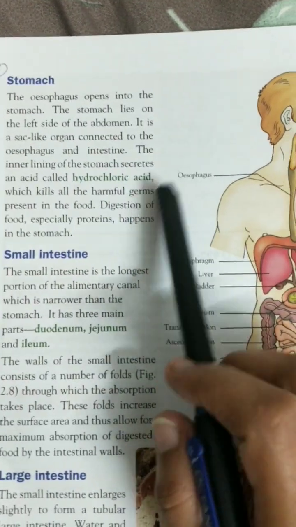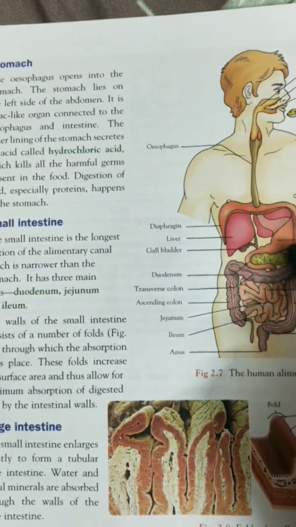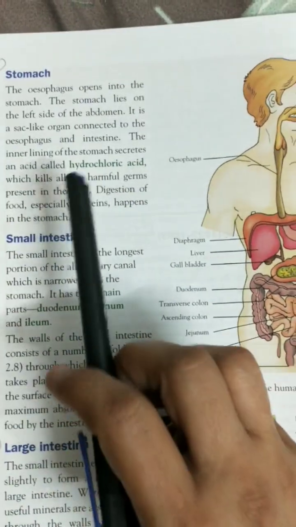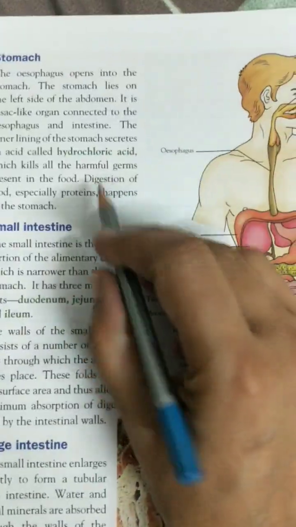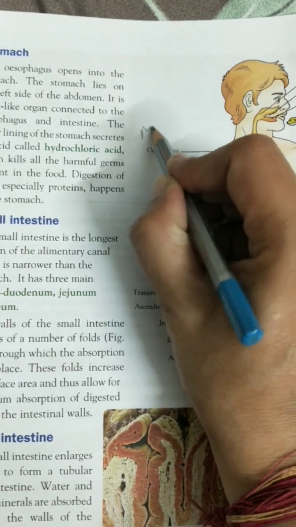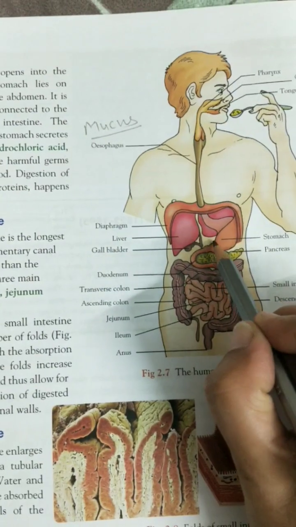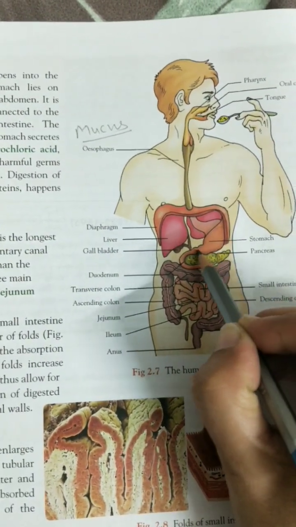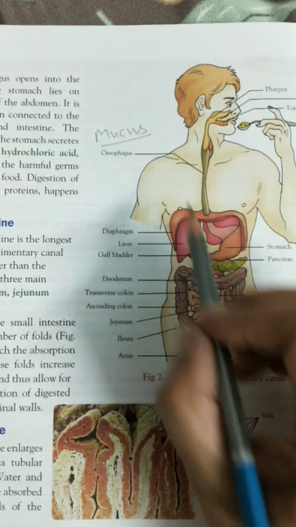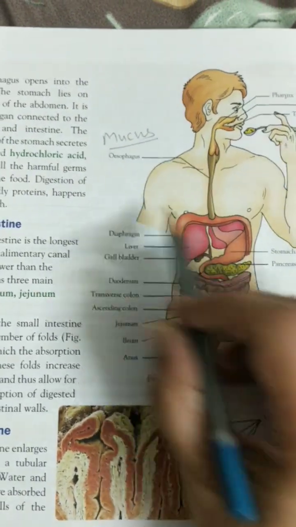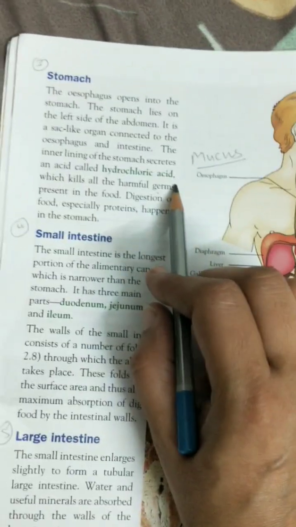In the stomach, you can see in the picture, this is the stomach. The walls of the stomach secrete two things. One is hydrochloric acid, as well as mucus. This mucus forms an inner lining around the muscles, and it protects the stomach from the hydrochloric acid, because hydrochloric acid is corrosive in nature, right?